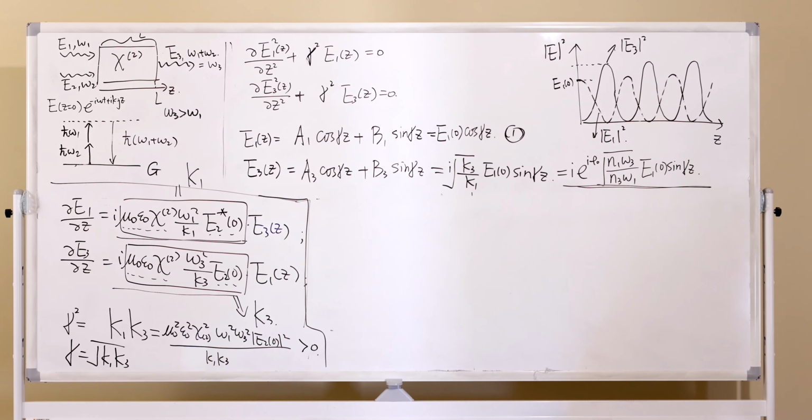If you change your t from t to t minus t naught, if you change the zero point of your time, then this easily goes to e to the minus i omega t plus i omega t naught plus i kz plus i phi. So you get a new phase. Now your phase is phi plus omega t naught.